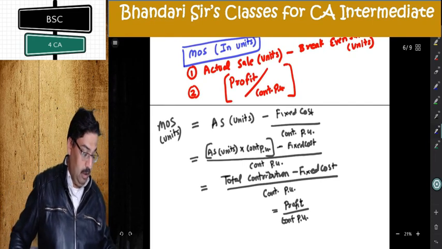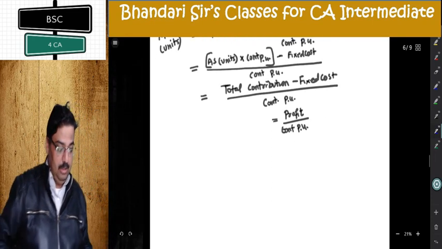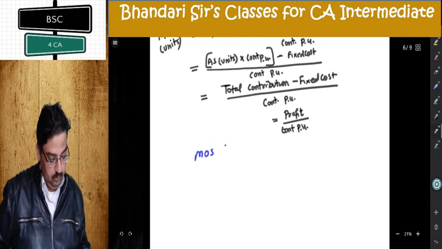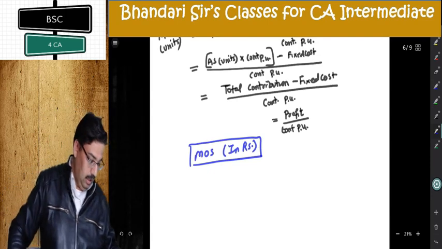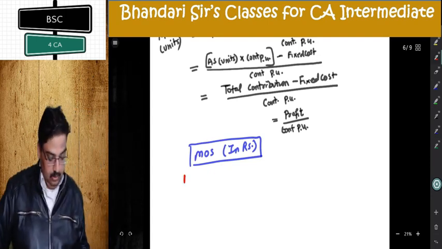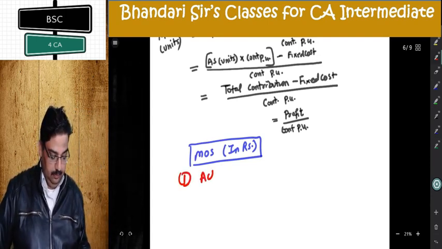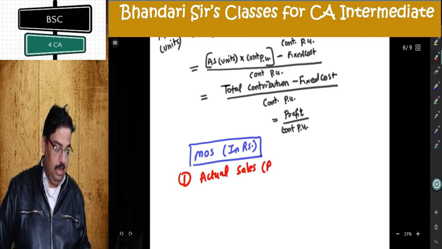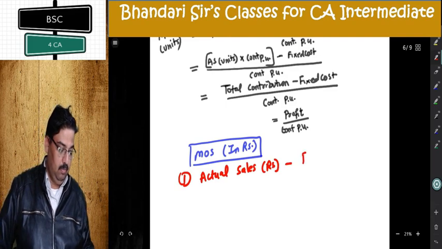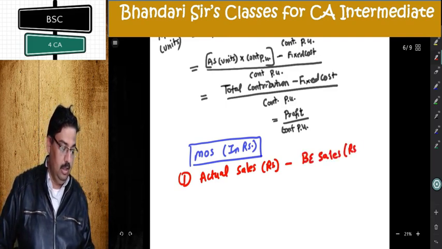Second category of formulas, MOS in rupees. Again, two formulas here. Number one, actual sales in rupees minus break-even sales in rupees.